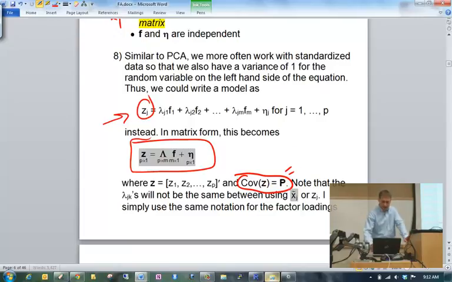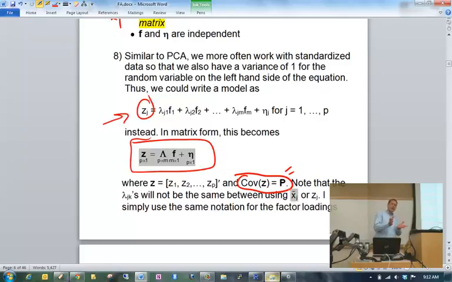I won't introduce new notation for that, but it's going to be important. Because remember, what's on the diagonal of a correlation matrix? The variances for the z's in this case, which would be 1. That's going to play a role in some of the stuff that we're going to be seeing shortly.